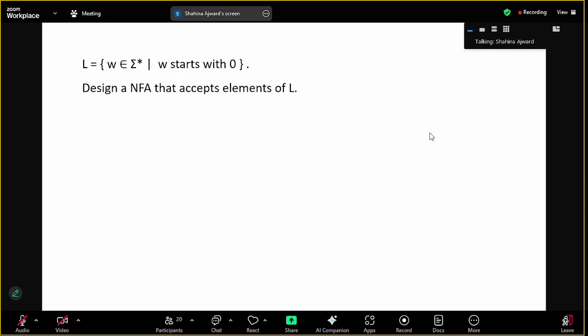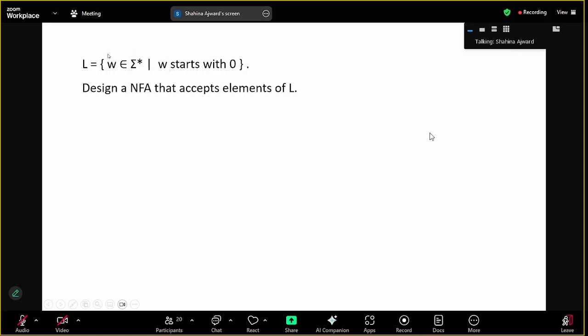Now, let's start with some exercises. Design an NFA that accepts elements of language L. The language L is defined with strings. This is mathematical notation, which we use when we define functions.